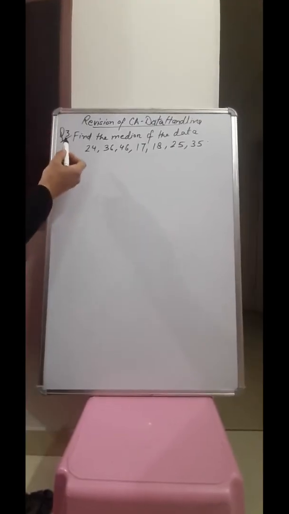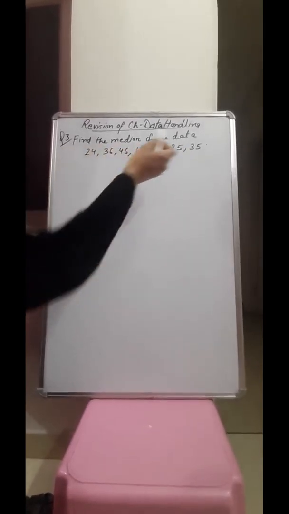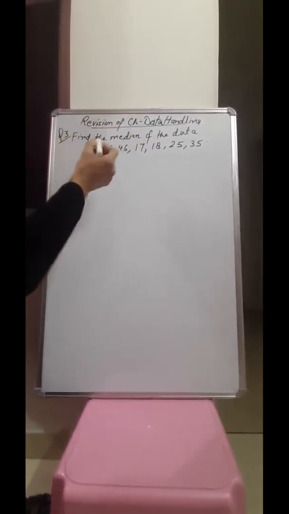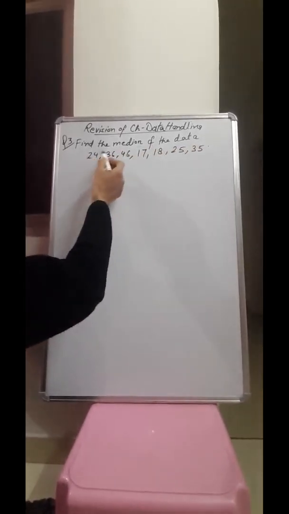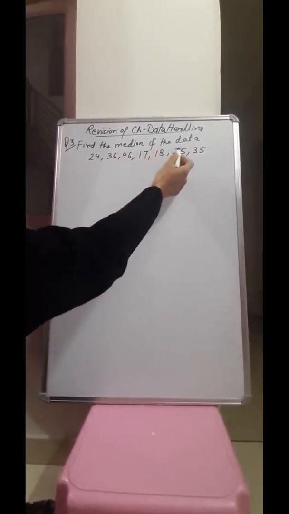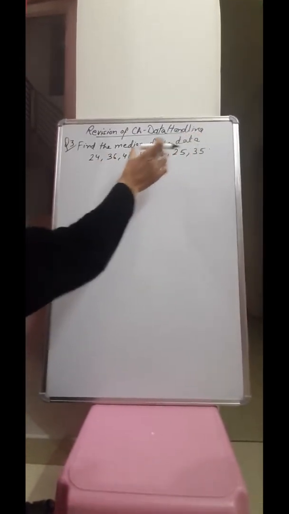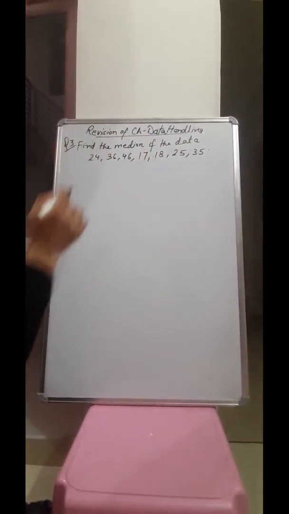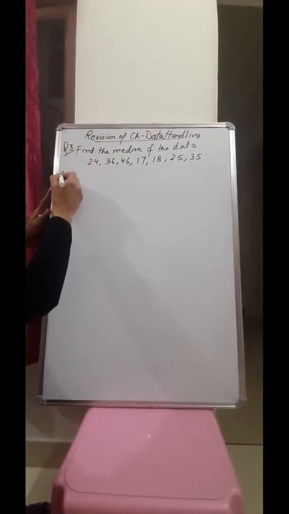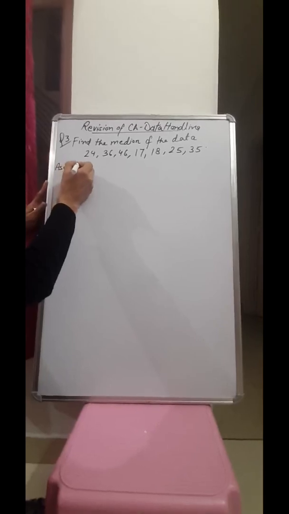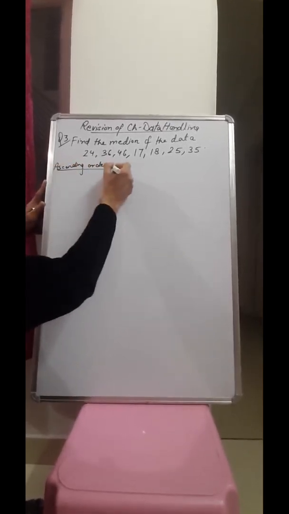So students, now question number 3 is: find the median of the data. Here we have been given these observations: 24, 36, 46, 17, 18, 25 and 35. We have been asked to find the median of this data. So the first step is always to arrange the observations in ascending order.